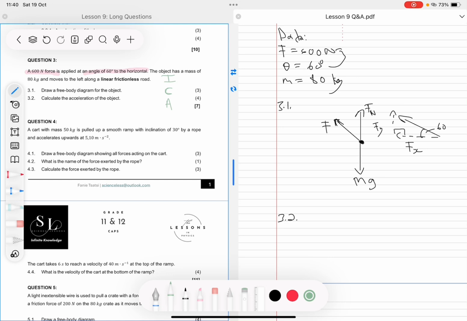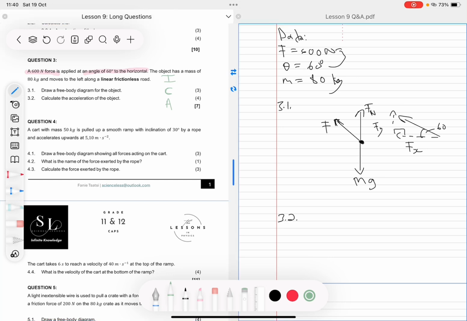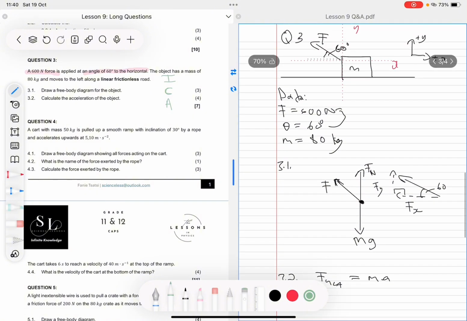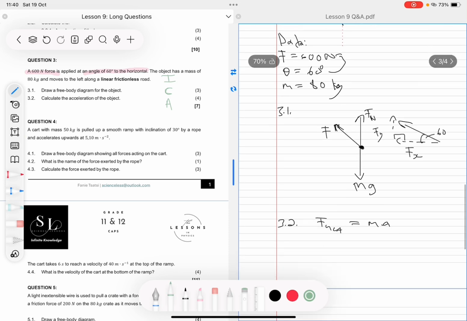We are answering the question now because we have interpreted and classified the question. Here we continue to answer it through a calculation, where we say this will require us to use Newton's second law, where the net force is equal to the mass times the acceleration. So we are looking at the acceleration that the object has as it moves in this direction.